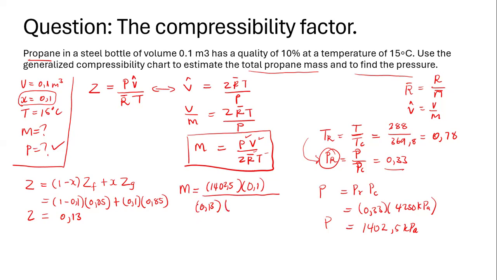Right? And then now what will be the value of R? So the value of R is 8.314, right? So I'm going to say this value of R divided by the molar mass, right? Remember, I have already got the molar mass from the table of criticals.